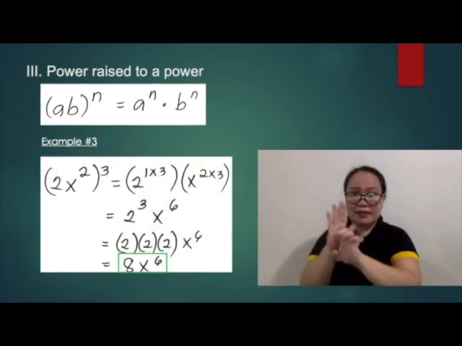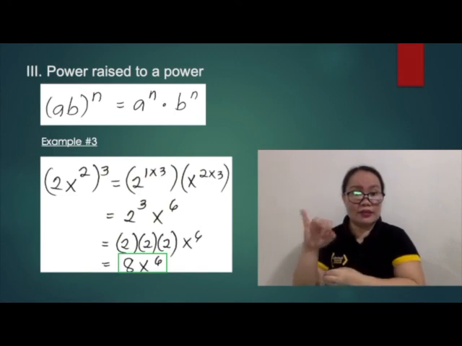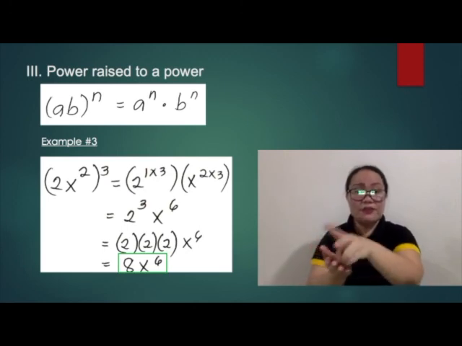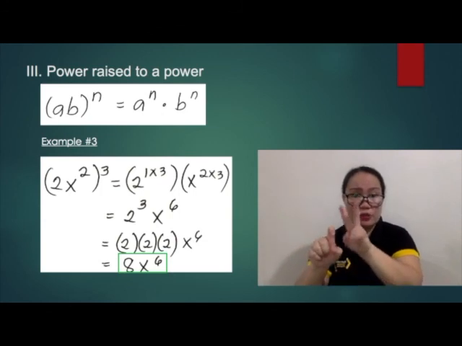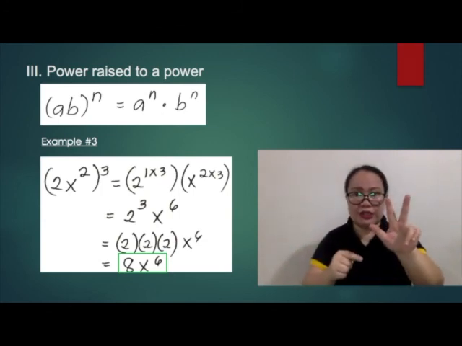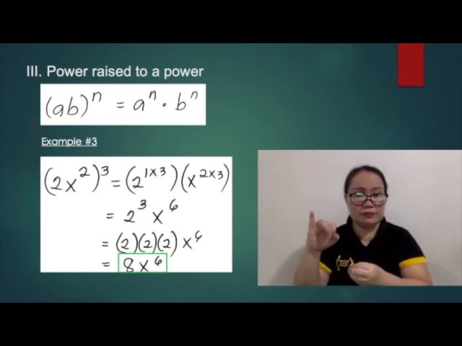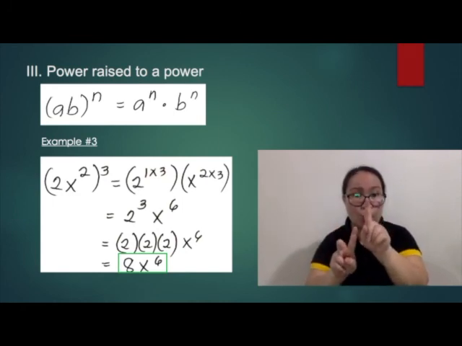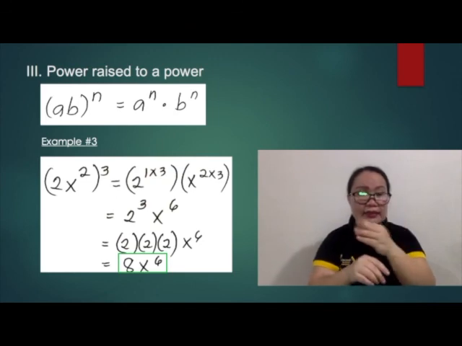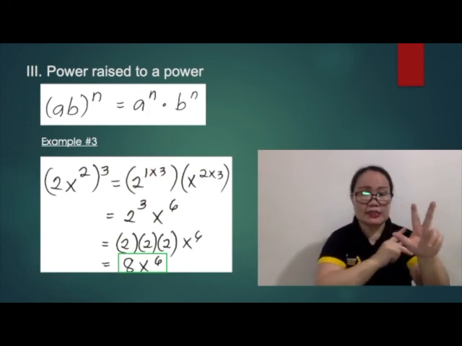For our last example, we have a numerical coefficient and also a variable which is x. So 2x squared raised to the power of 3. First, let's start with the numerical coefficient. 2 raised to the power of 1 times 3, and for x raised to the power of 2 times 3.